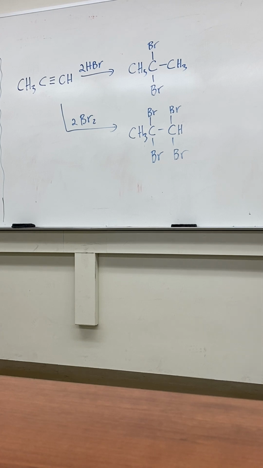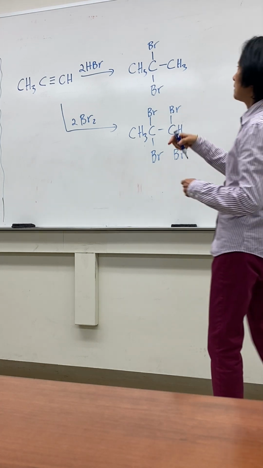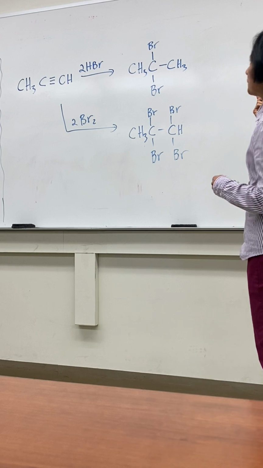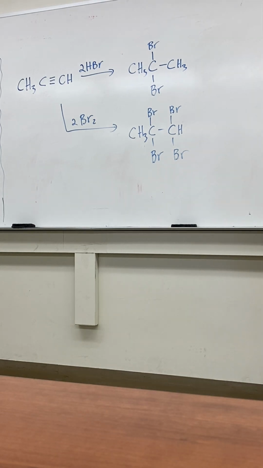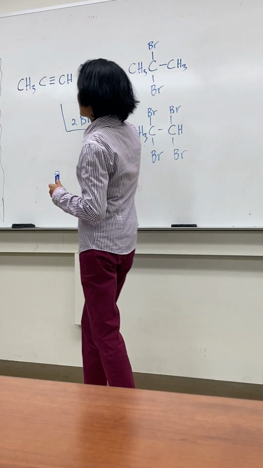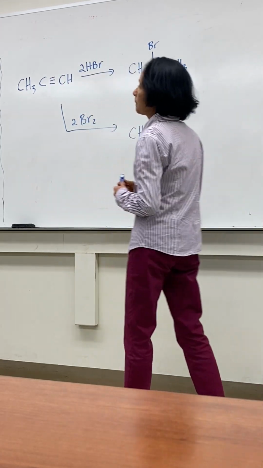Okay, so that's basically it. I can have HCl, Cl2, and it's going to be the same idea. So you go all the way to saturated RXs. So that is halogenation. This is hydrohalogenation.